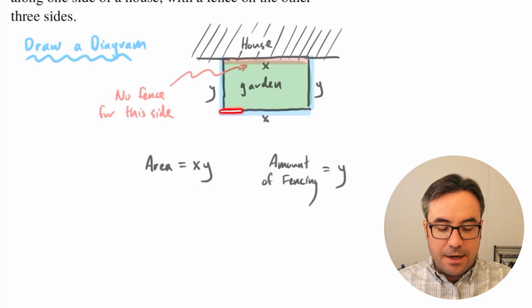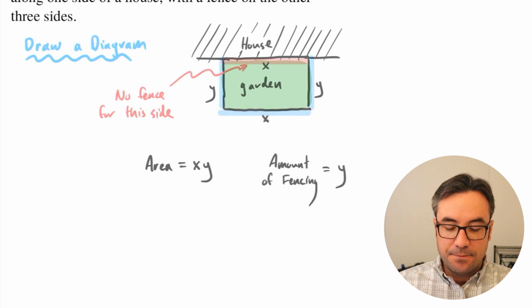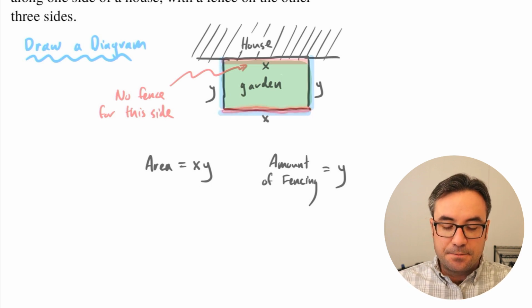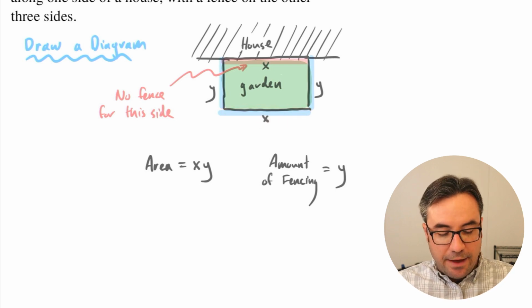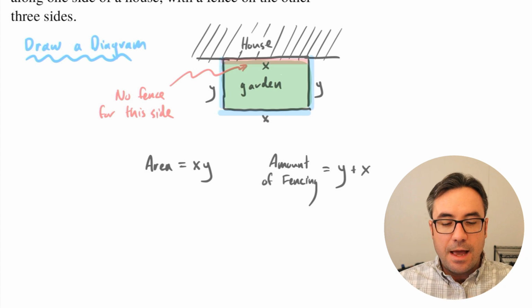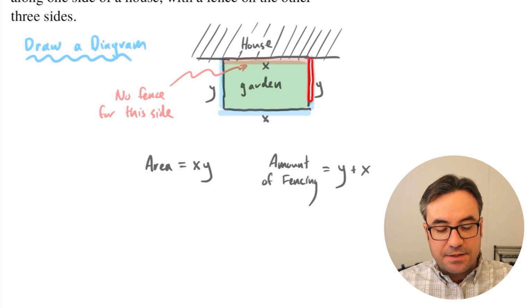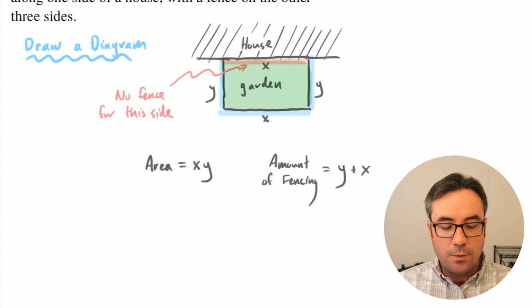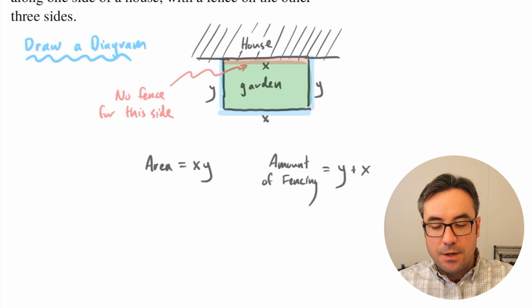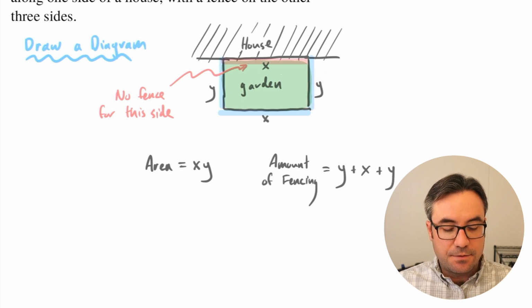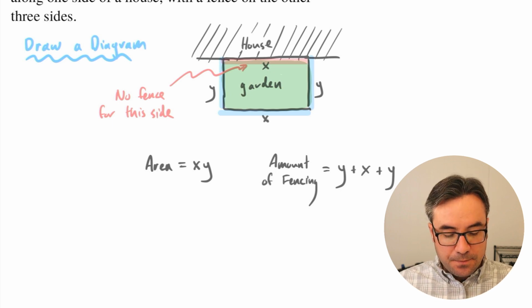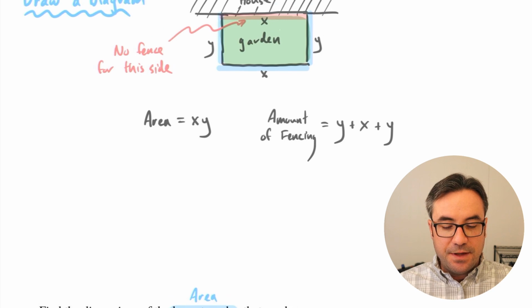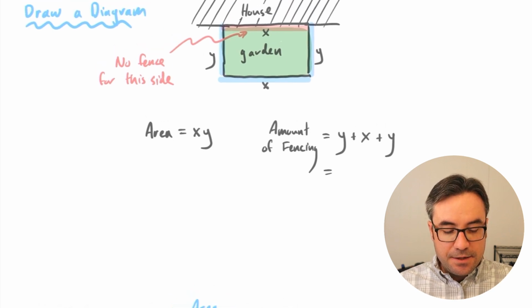Then the amount of fence that we'll need for this other side, that'll be length x, because that's the length of that other side. So we're going to add that together. And then finally, we need fencing for this other side, which has length y. So we're going to need a fence for that side. And so if we combine like terms, what we're seeing here is that the amount of fencing that we're going to need is x plus 2y.